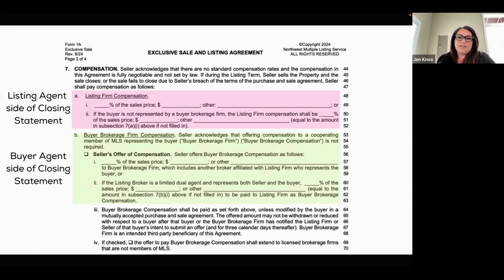What they've done here is they've given the option for that seller to maybe come up with a different number if that's the case. So if the number is different than adding buy side plus sell side, then you can go ahead and put something else in BII.